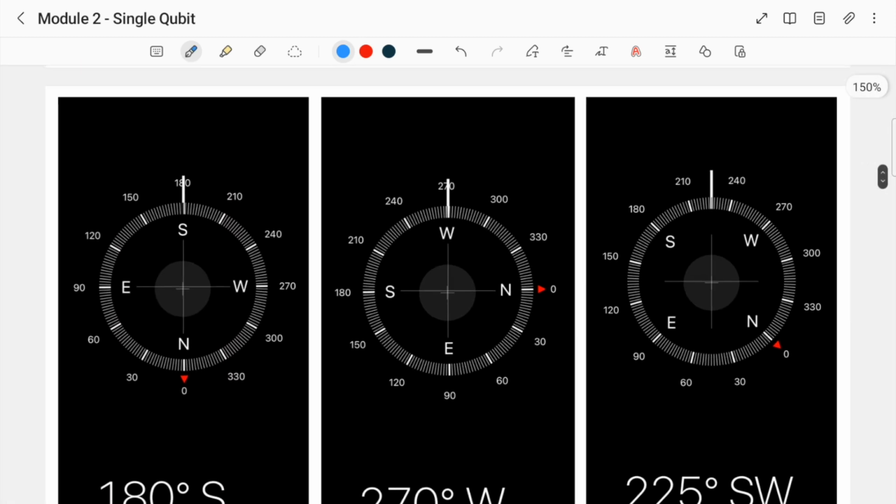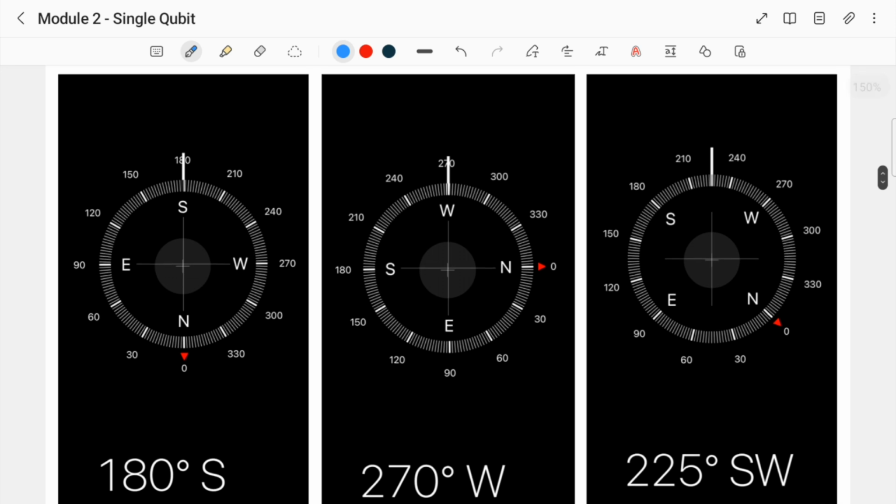So we will look at an example of a compass needle. If you take the compass needle, it will always align according to the magnetic north and south pole of the earth, right? This is a screenshot from my phone, and when I rotated my phone by 90 degrees, it went like this.